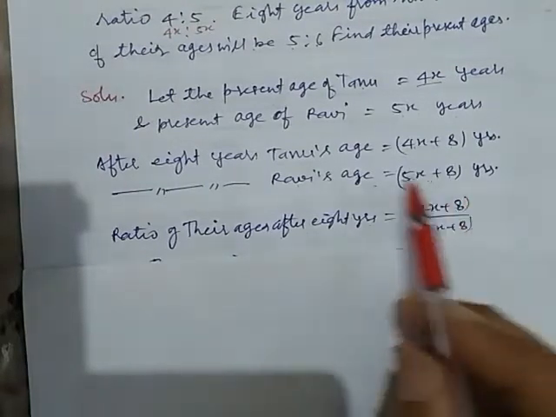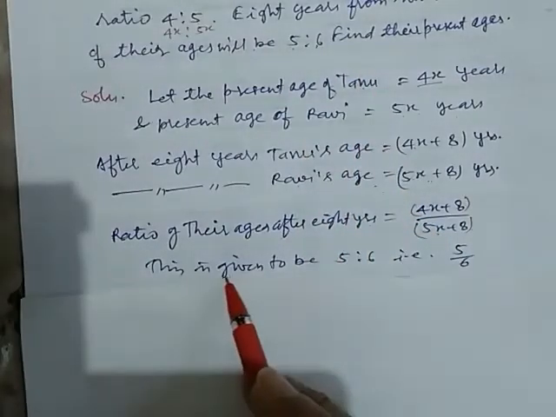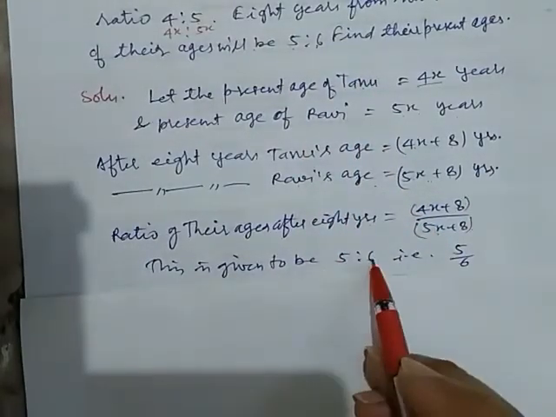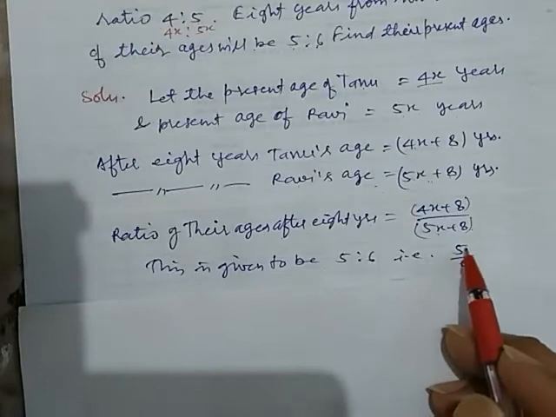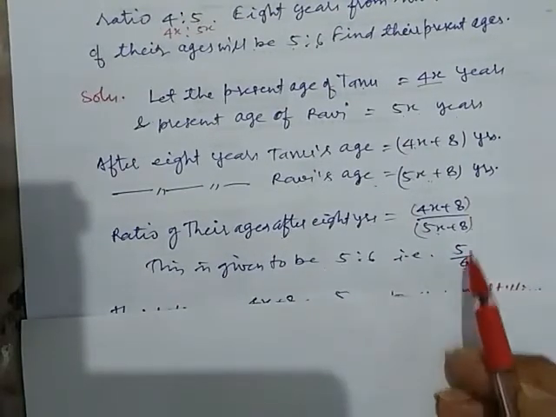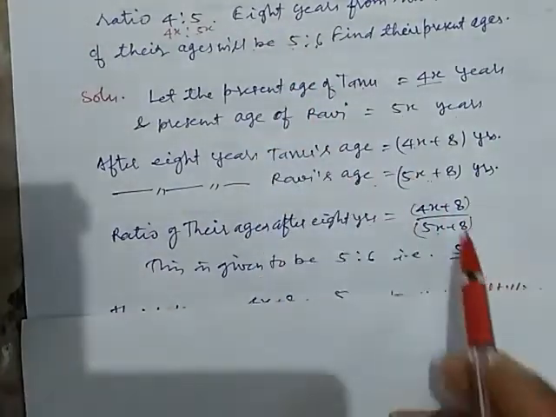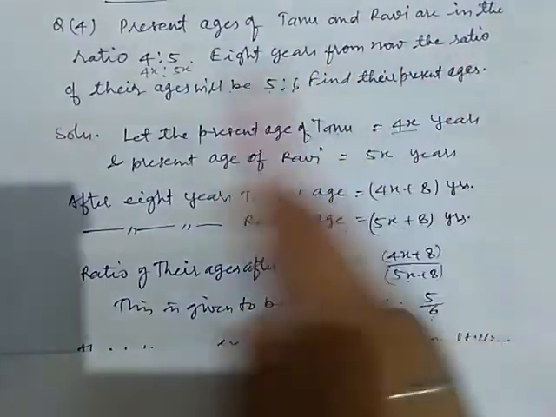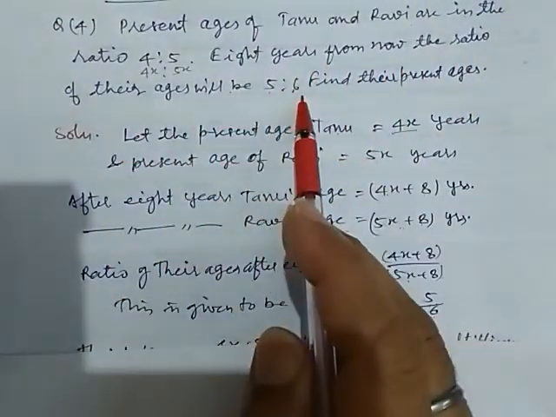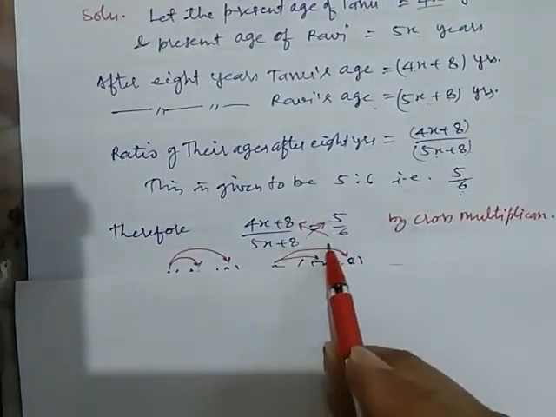But the given ratio is 5:6, which we can write as 5/6. So we put both of these ratios equal according to the question, because 8 years from now the ratio of their ages will be 5:6.